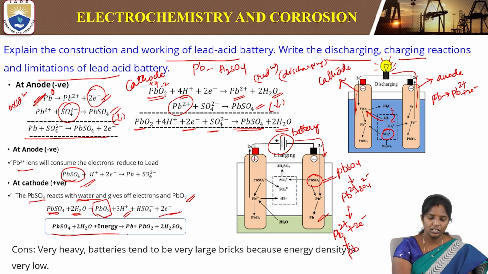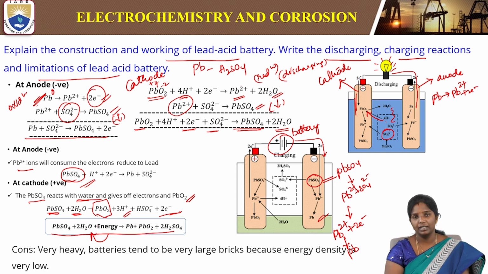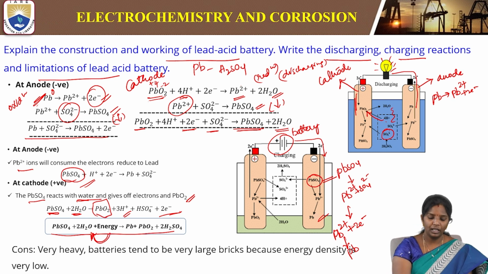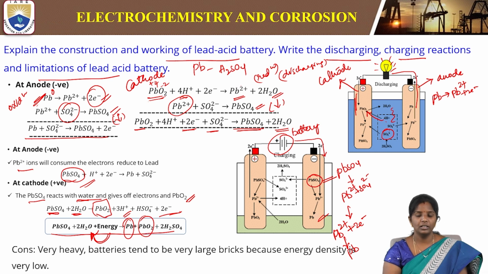So overall, we are giving some energy to these products that are formed, like lead sulfate that is deposited on both the electrodes. So upon applying energy and water, they convert back to lead and lead dioxide in the plates. So that is how upon charging it will go back to its original state and help in usage again.